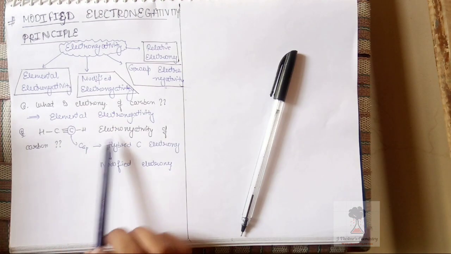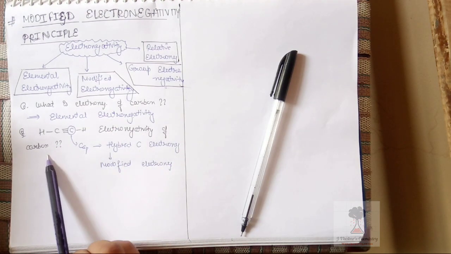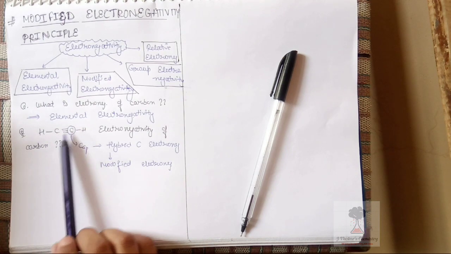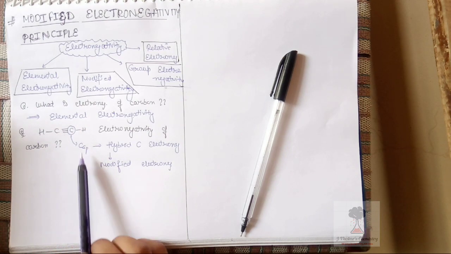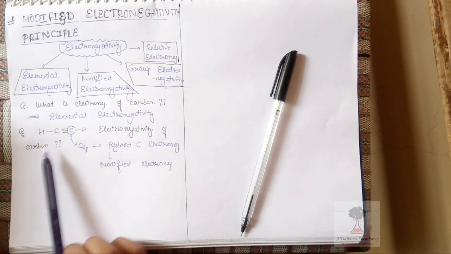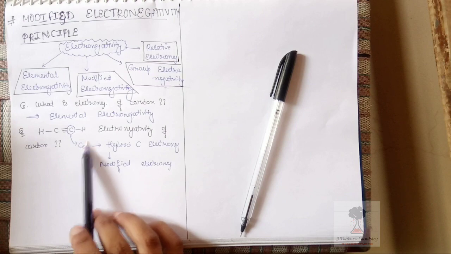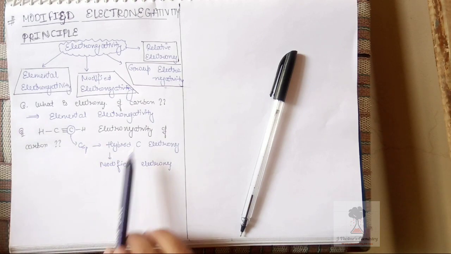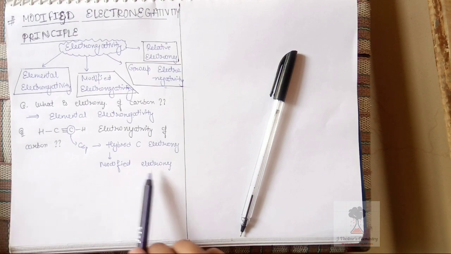If we ask what is the electronegativity of carbon in this compound, where carbon is sp hybrid, so we are asking about the electronegativity of this sp hybrid carbon. This type of electronegativity is called modified electronegativity.